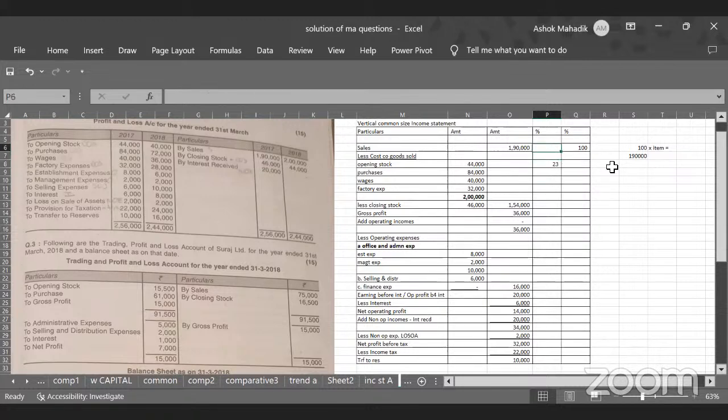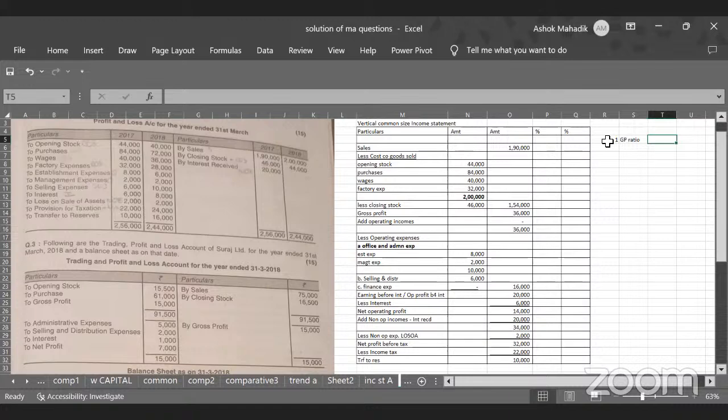Now this is clear. Now I'll calculate all the income statement ratios for this sum. Then we'll go to the next chapter. Tell me, which is the first ratio for the income statement? Gross profit ratio or GP ratio. What is the formula? GP upon net sales into 100.